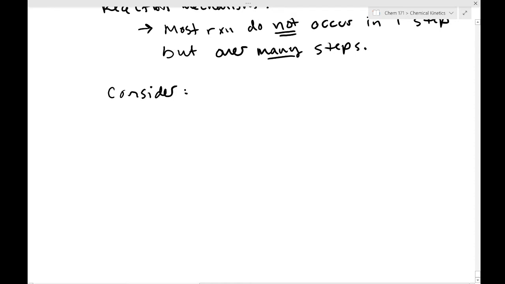So let's consider the reaction between hydrogen gas and iodine monochloride. That's kind of a weird chemical. Reacting to form HCl and iodine gas. Okay? Let's consider this reaction.